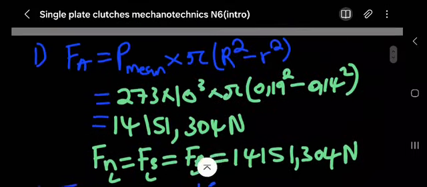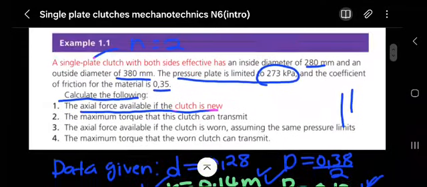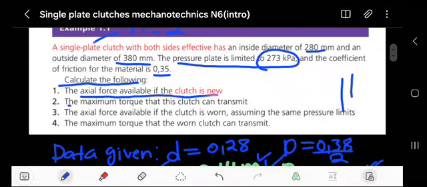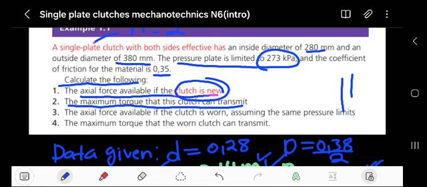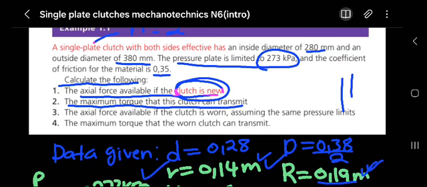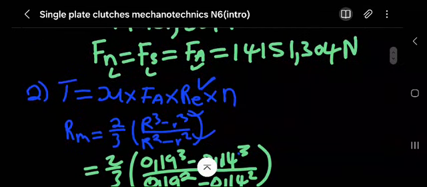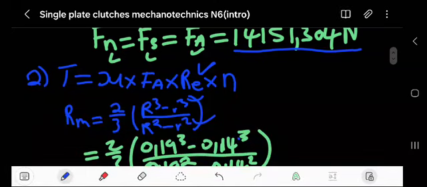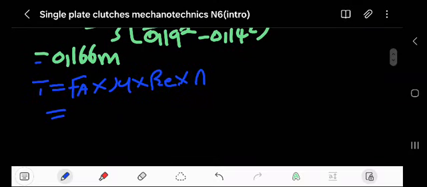The axial force we've calculated. Obviously, you must be very careful: the maximum torque that the clutch can transmit, we have dealt with a new clutch, so when you calculate the torque you must use the force of the new clutch. The axial force is the one you have calculated there, 14151.